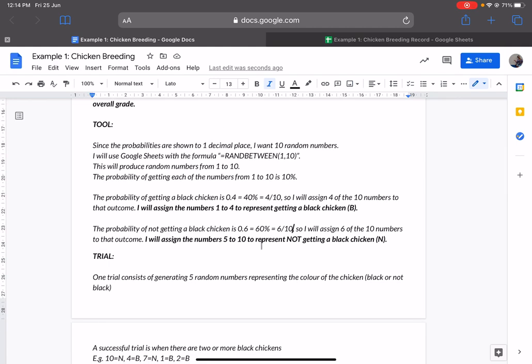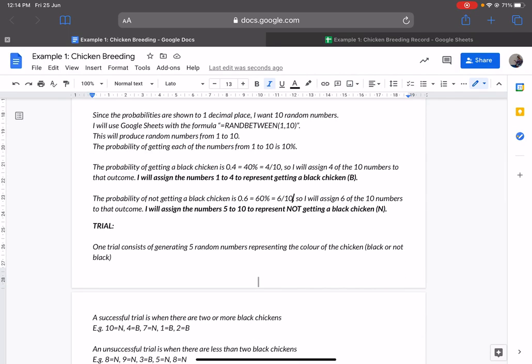The next part is saying what a trial is going to be. So to run a simulation, you're going to see what it would look like if you theorized how many black chickens you would pull out.